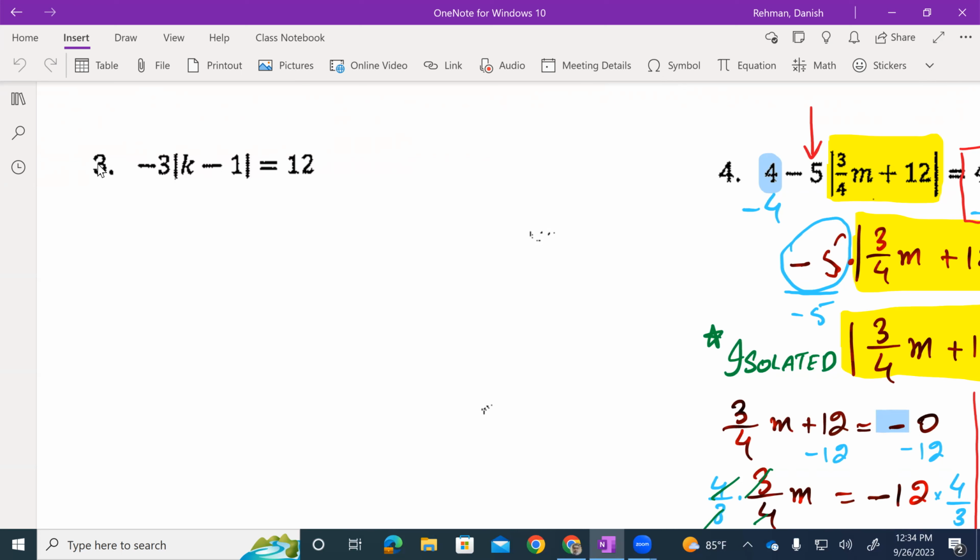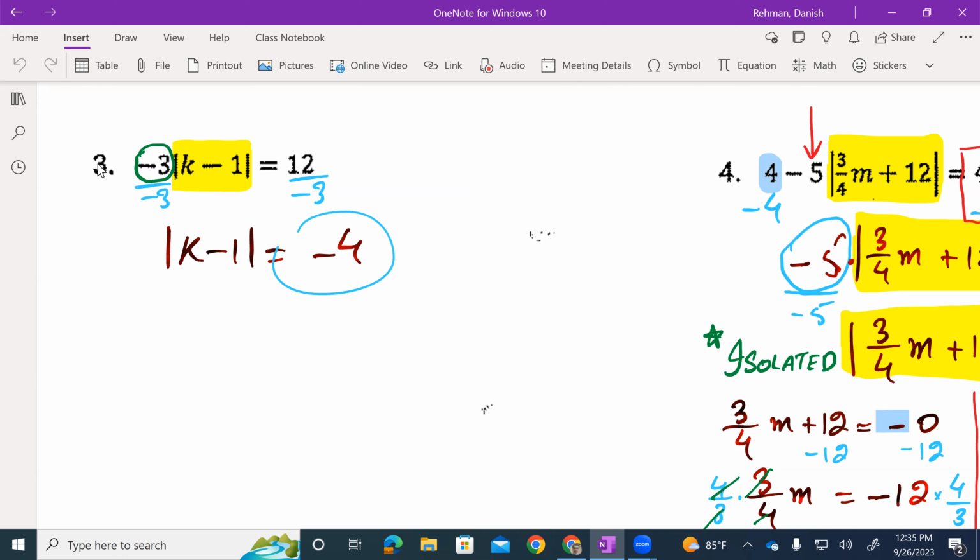This expression, k minus 1, is the absolute value expression. And as per our discussion, we want to get rid of negative 3. That's how we will isolate it. If I try to do that, dividing on both sides by negative 3, what will I get? Absolute value of k minus 1 equals negative 4. And that is a problem.